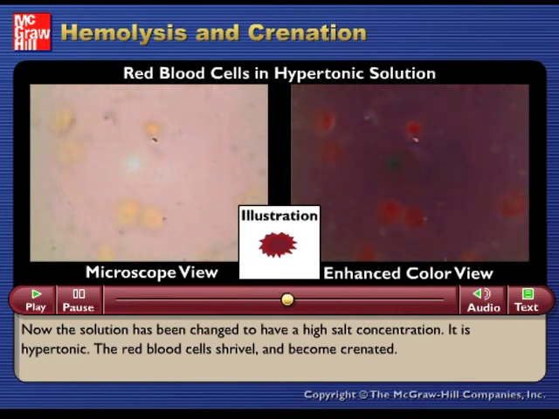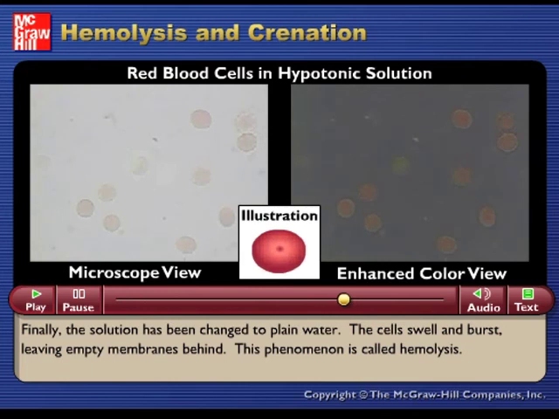It is hypertonic. The red blood cells shrivel and become crenated. Finally, the solution has been changed to plain water. The cells swell and burst, leaving empty membranes behind. This phenomenon is called hemolysis.